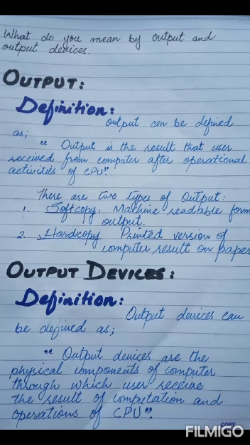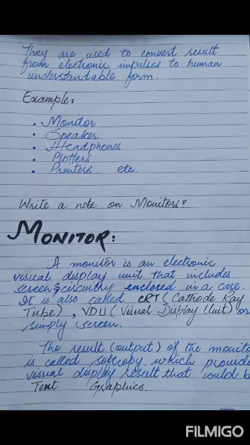Your next main heading is output devices. Your side heading, definition. Output devices can be defined as, semicolon, inverted commas open: Output devices are the physical components of computer through which user receive the result of computation and operations of CPU. Inverted commas close, full stop.